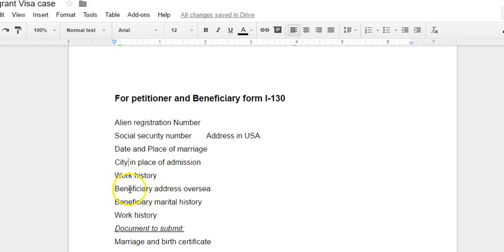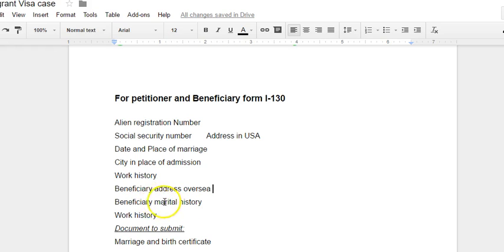Now you will need to provide information about the person that you're applying for. The beneficiary is generally overseas, but sometimes the beneficiary can be in USA too. If the person is currently in USA with you, you will provide the address. Then the beneficiary's marital status.